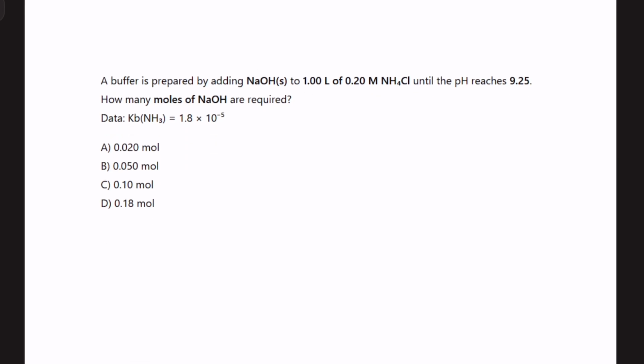Next, a buffer is prepared by adding sodium hydroxide to 1 liter of 0.2 molar NH4Cl until the pH reaches 9.25. How many moles of NaOH are required? So first I'm going to write out the chemical equation. So NaOH is mixing with NH4Cl, and we are producing NaCl, our salt.